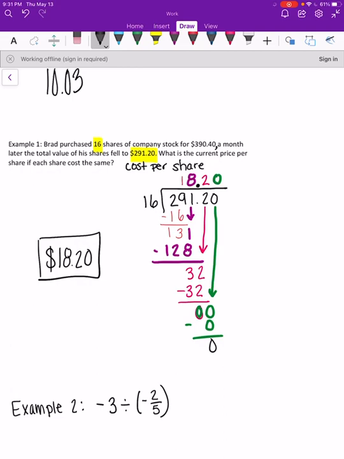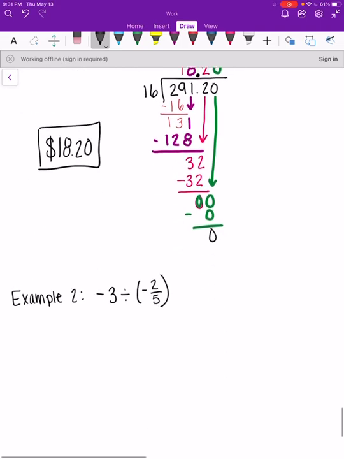So it's a little bit of work, but the long division's not new to us. Let's go down to example 2. So we have -3 divided by -2/5. Since this is a fraction, I want to make -3 into a fraction. You can make any whole number a fraction by putting it over 1.